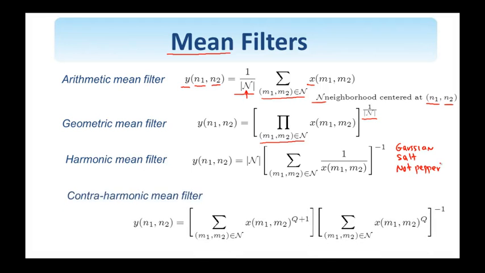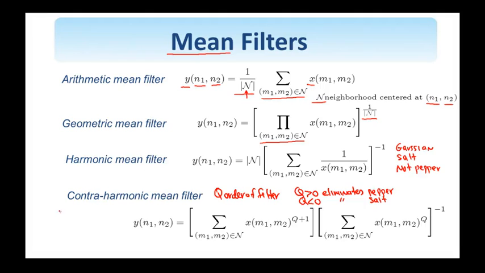The final filter is the contraharmonic mean. Q is the order of the filter. This filter for Q greater than 0 eliminates pepper type of noise, and for Q less than 0 it eliminates salt, but it is not able to eliminate both at the same time.